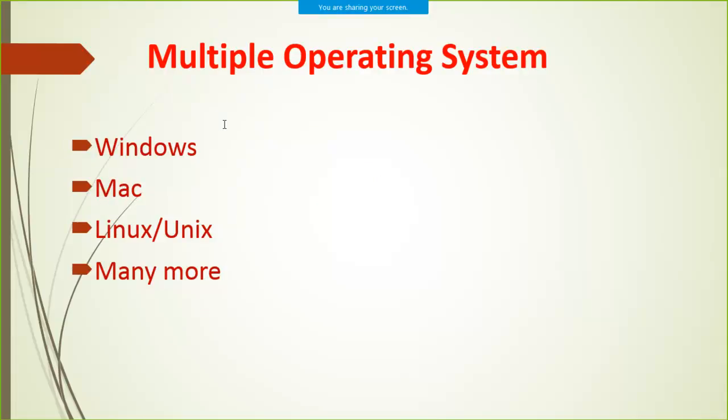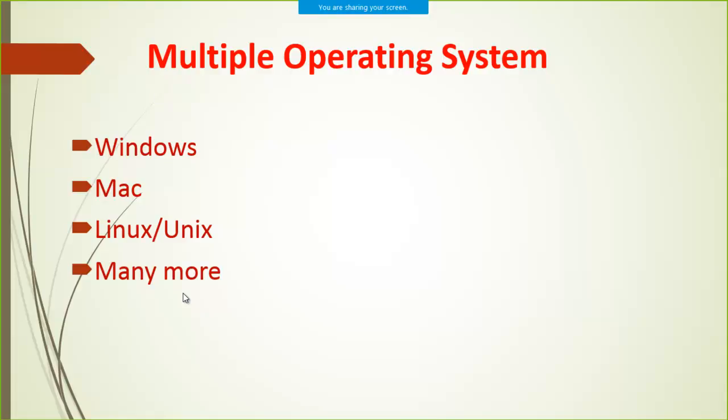That is, you can make Selenium work on Windows, Mac, Linux or Unix operating systems and many more. So this makes it a very powerful tool, and that is why the demand for Selenium is increasing day by day, because it works on multiple browsers and multiple operating systems.